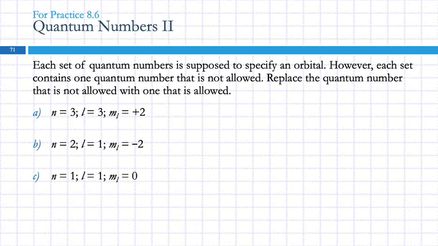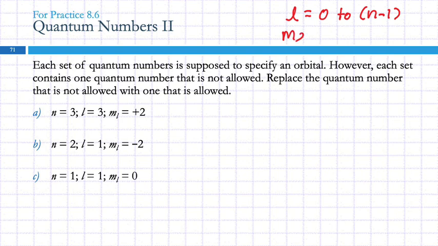Here, each set of quantum numbers is supposed to specify an orbital, but there's one quantum number that's not allowed in each set. There's a mistake. Replace the quantum number that is not allowed with one that is. Let's start with the first one. So here, n is 3. Well, n can be 3. L can be 0 up to n minus 1.